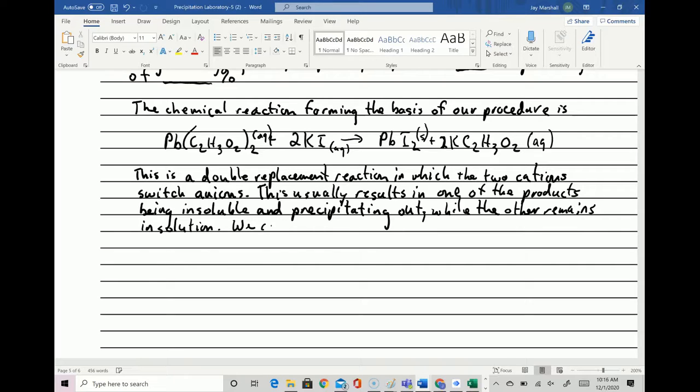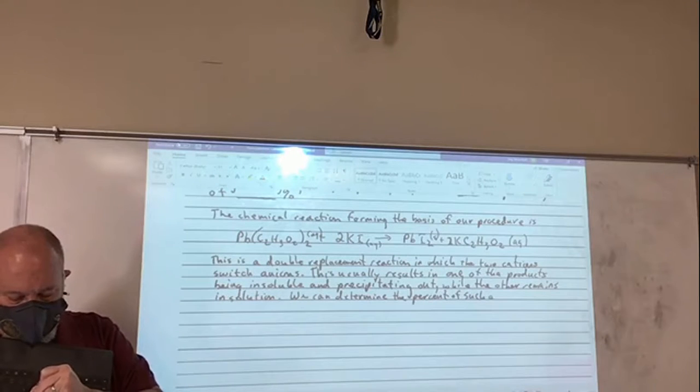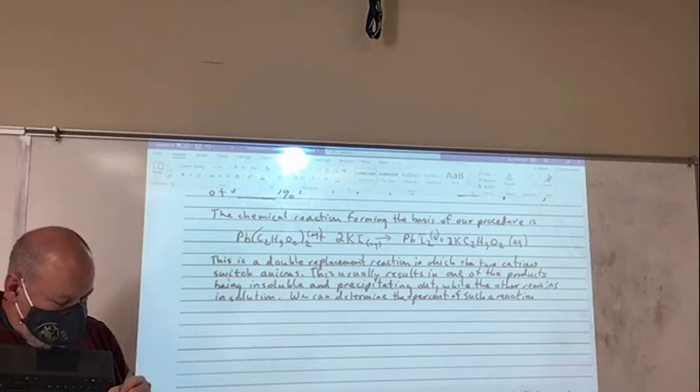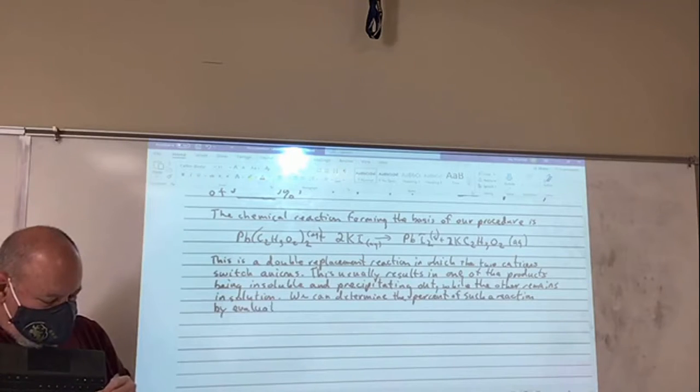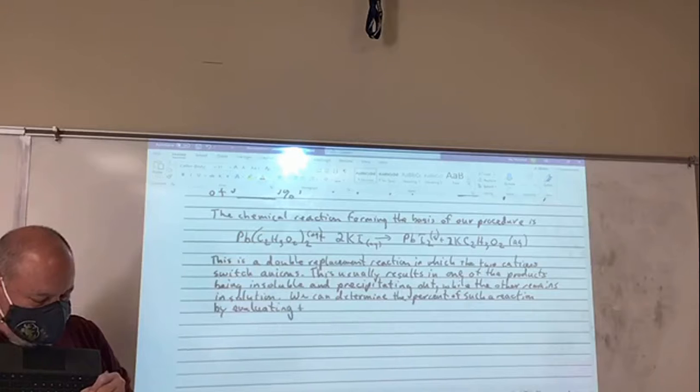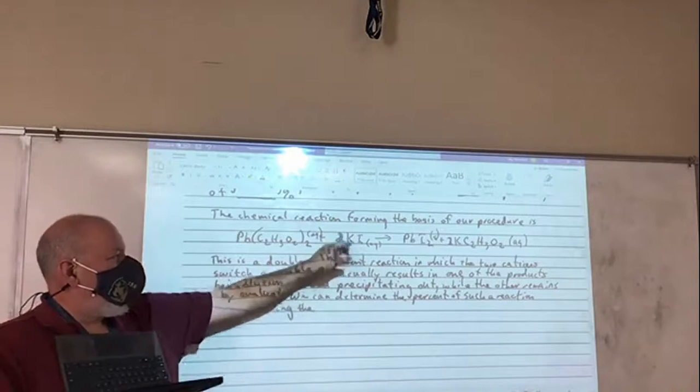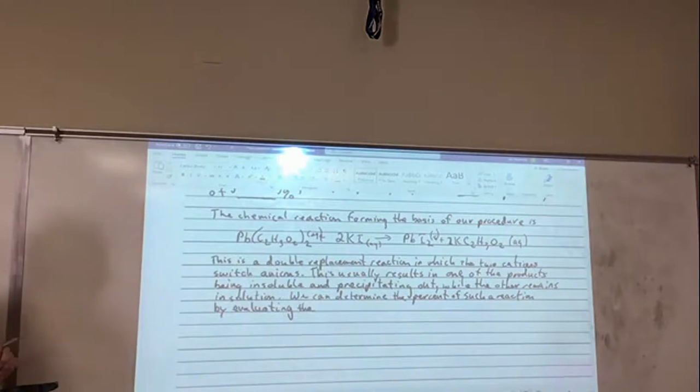We can determine the percent yield of such a reaction by evaluating, and I'm going to use a word that I think we've probably used once so far this year.